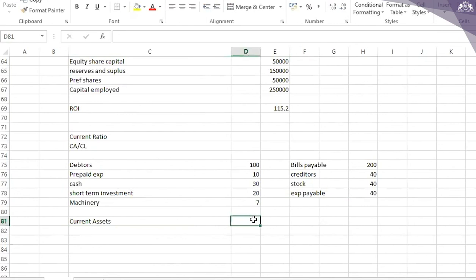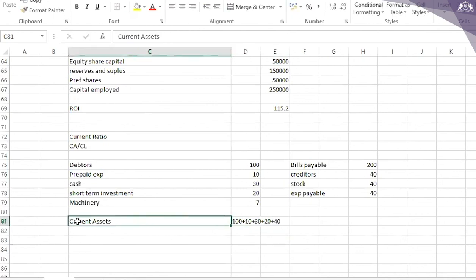Current assets are your debtors plus prepaid expenses plus cash in hand plus short-term investments plus stock, this is your current assets.